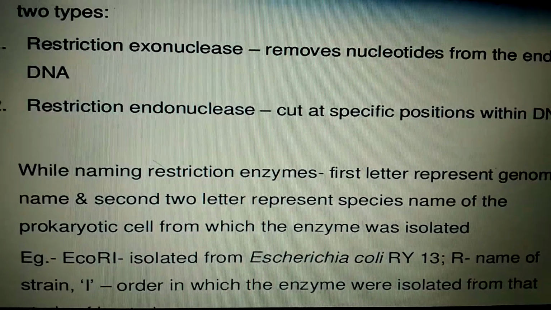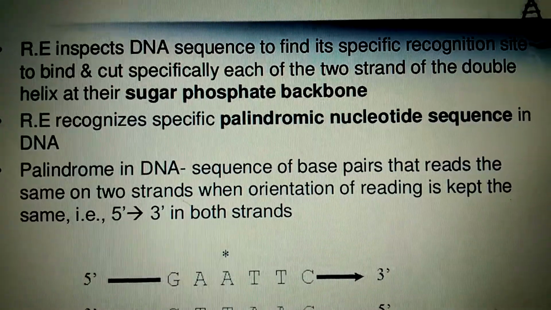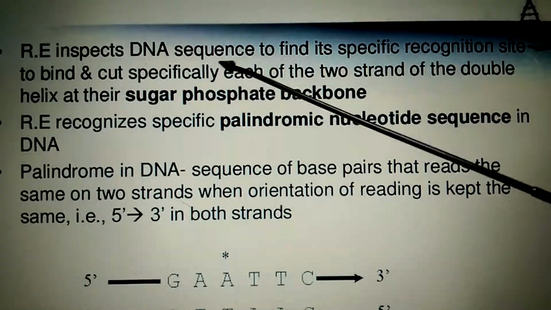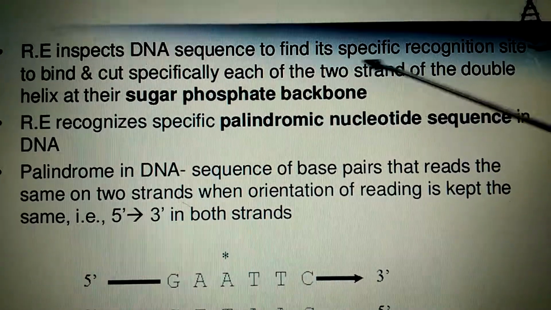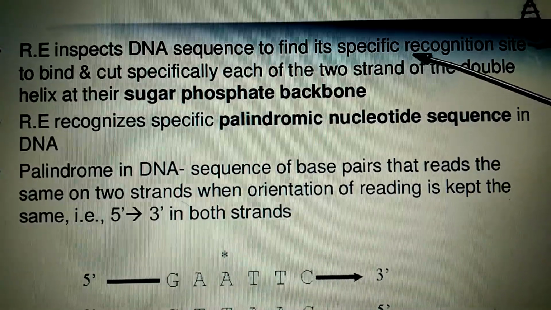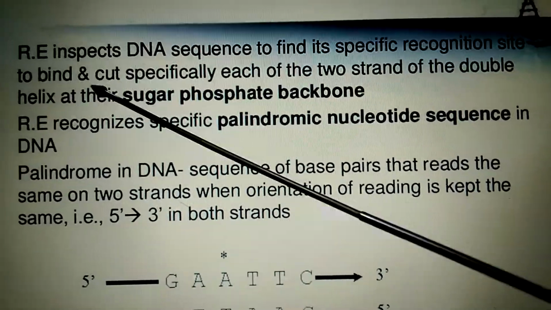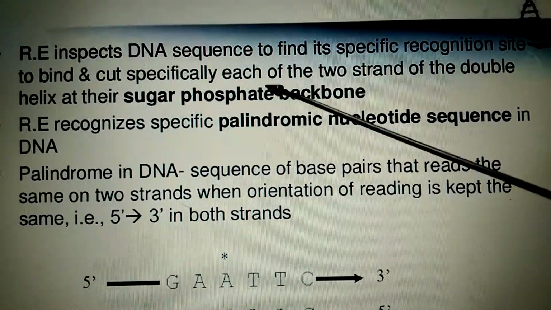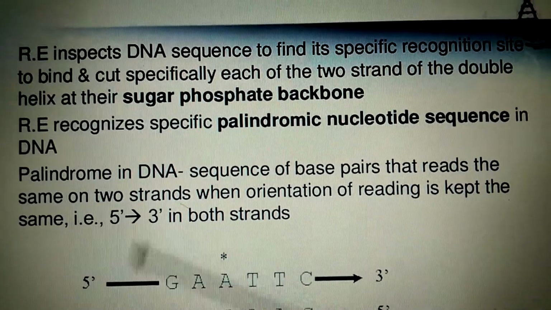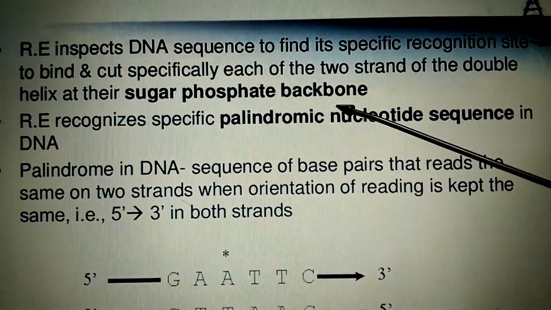Now, what the restriction enzyme does is it inspects the DNA sequence and tries to find its specific recognition site, where it binds and cuts each of the two strands of the DNA helix at their sugar phosphate backbone.